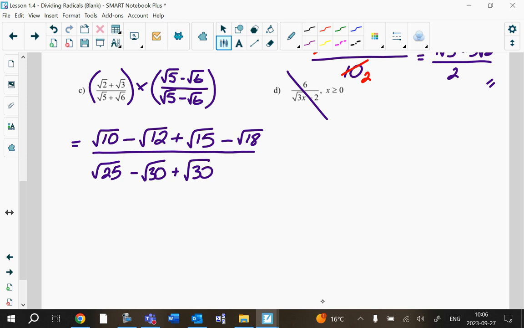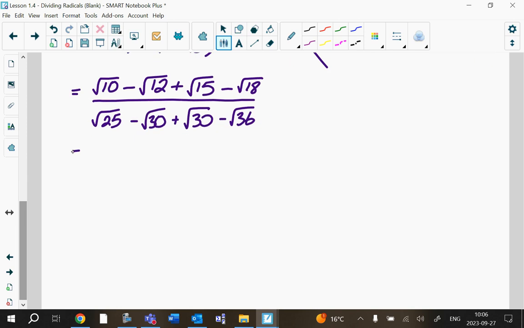Okay. Can I combine any of the radicals up top? No, because they're all different numbers under the radicals. So I got to look at each one and see if I can simplify them. Well, root 10, I can't take exactly. There's no perfect square. What about root 12? Doesn't that break down to root 4 times root 3, which is 2 root 3. Can you do anything with root 15?